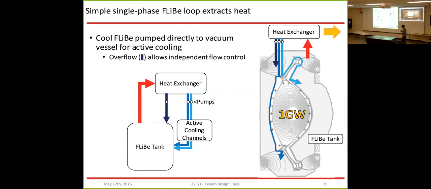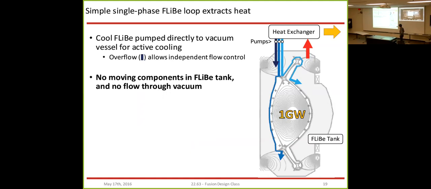Again, the heat exchanger going to the active cooling channels on the left there. Additionally, in dark blue, we have an additional overflow pipe that allows for independent control of the flow through the heat exchanger and through the active cooling channels. And then finally, once the FLiBe has taken up the heating from the reactor, it leaves again to the heat exchanger through the big red pipe there.